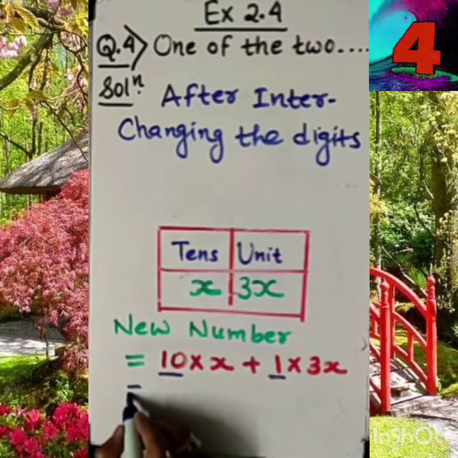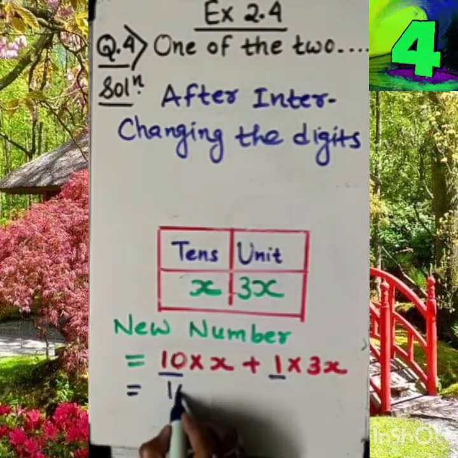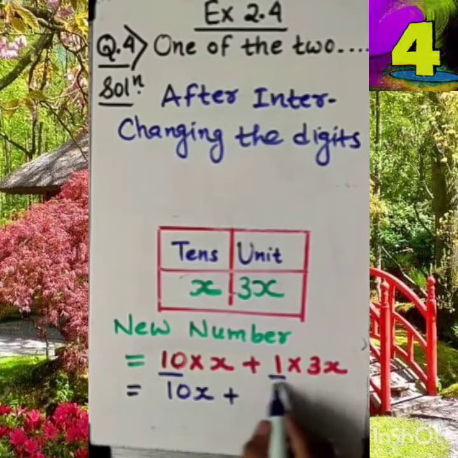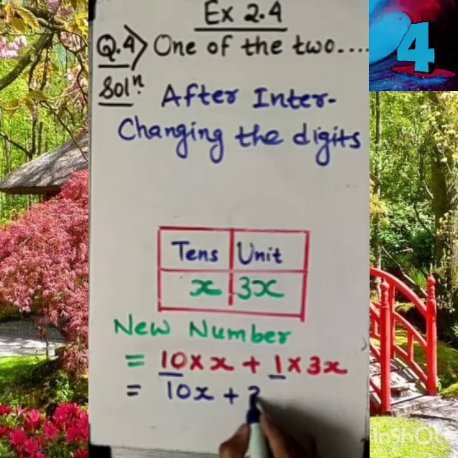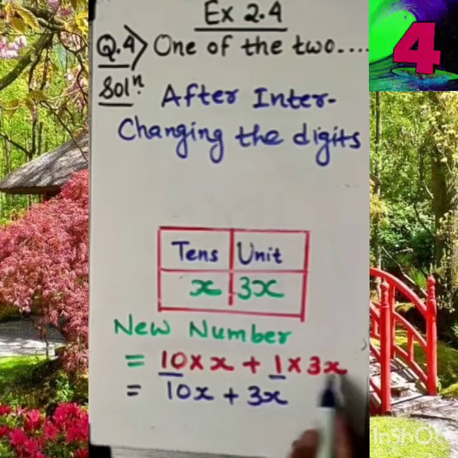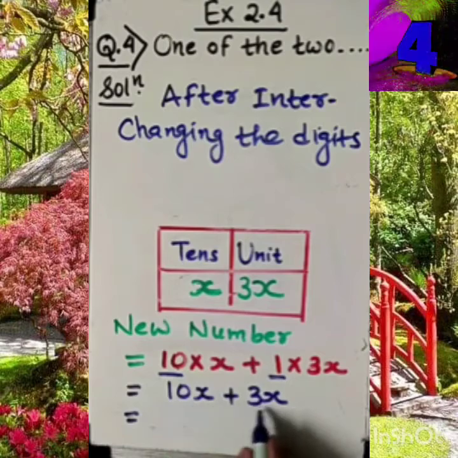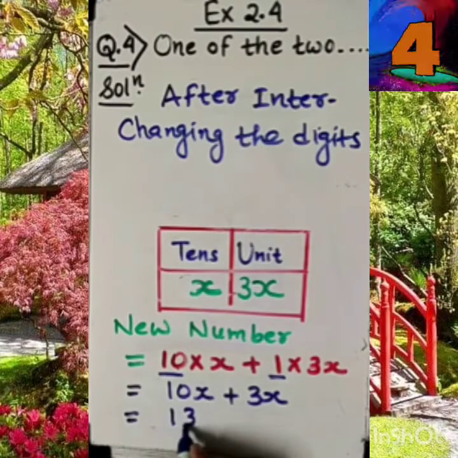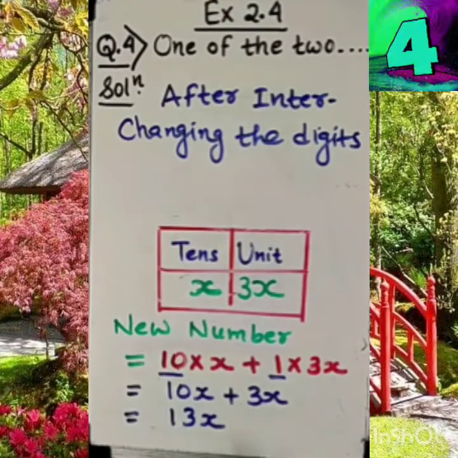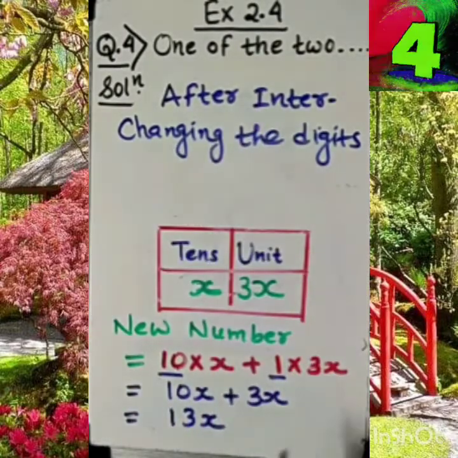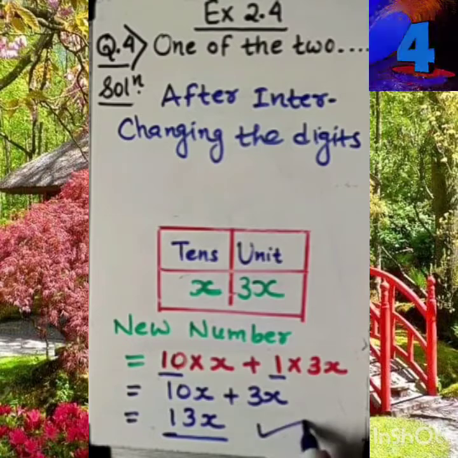So 10 into x gives the result 10x plus 1 into 3x, which is 3x. What is the sum of this? 10x plus 3x is 13x. So my dear student, the new number formed after interchanging the digits is 13x.